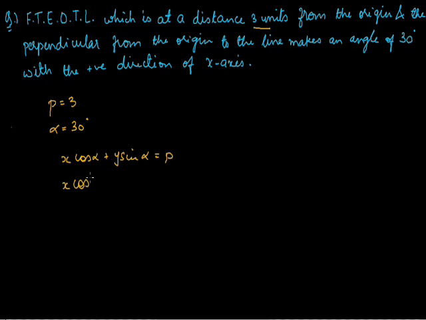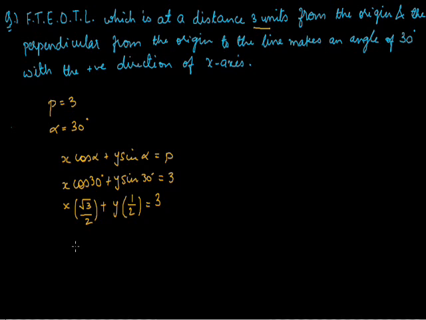Hence that would become x cos 30, where alpha is equal to 30, plus y sin 30 is equal to p, where p's value is 3.